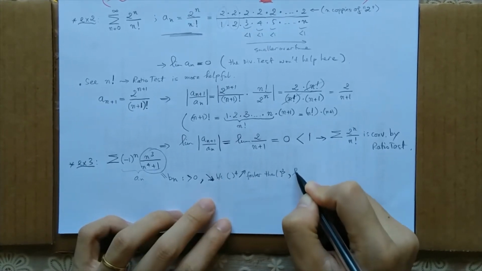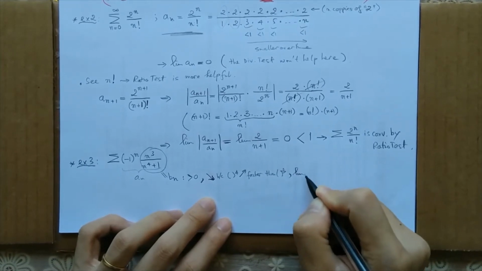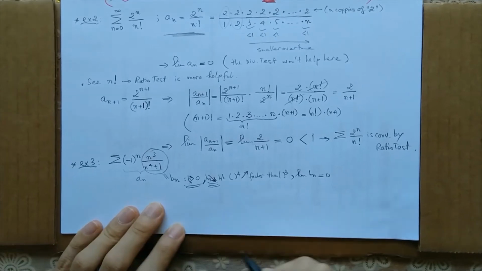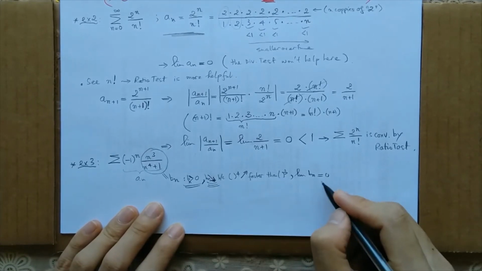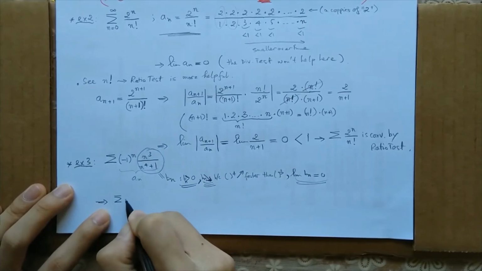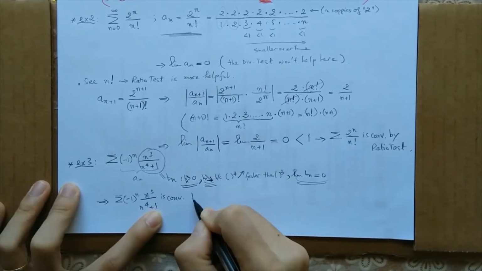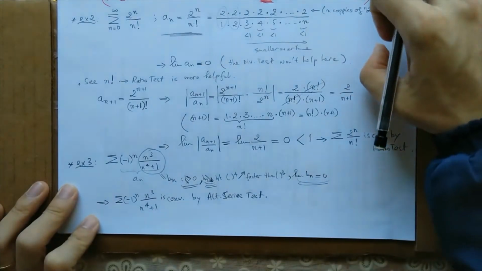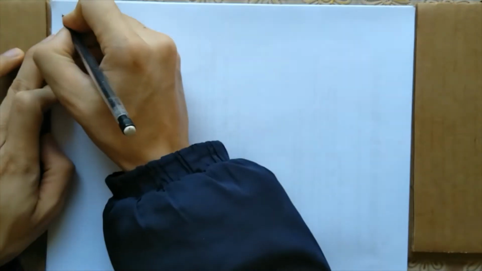And the limit of bn is 0. So you get bn positive, bn decreasing, and the limit of bn is 0. All three conditions hold, so the series is convergent by the alternating series test. Next, example number 4.